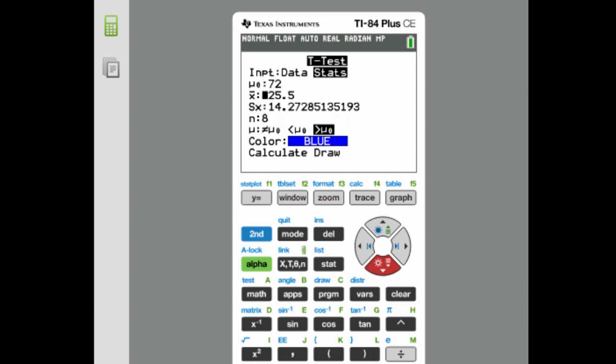And what's my sample mean? 75.5. Sample standard deviation is going to be what? Sample size is what? What kind of test is this? Is that a left tail? Hit enter. Go down to calculate.